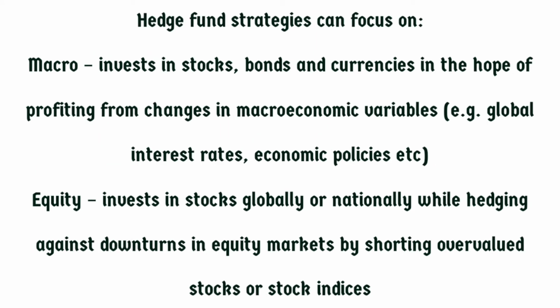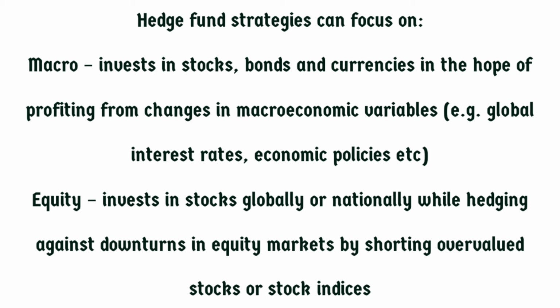Now let's focus on hedge fund strategies. First is macro. Invest in stocks, bonds, and currency in the hope of profiting from changes in macroeconomic variables, that is, global interest rates and economic policies. So these are the macro hedge fund strategies.